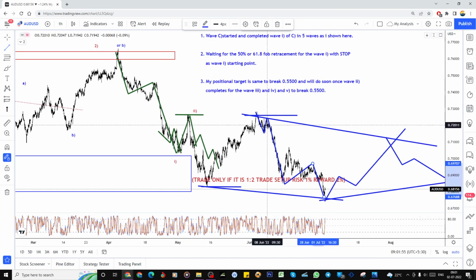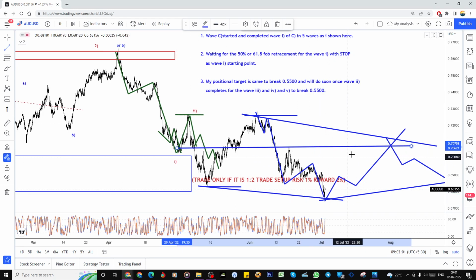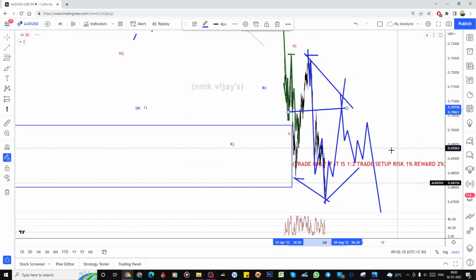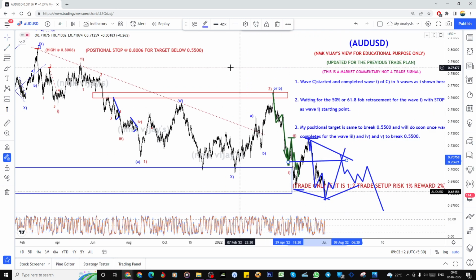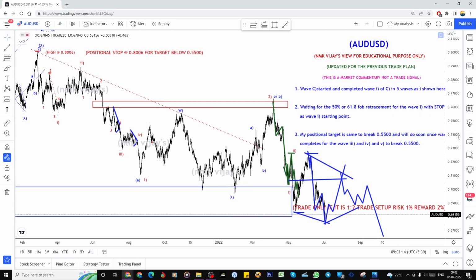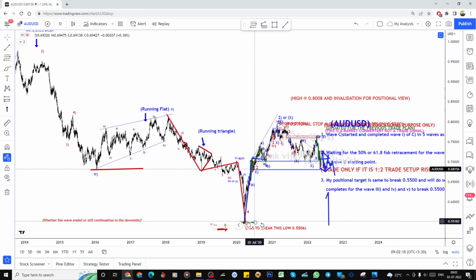So if it's a 5-wave structure, or it could be a 3-wave structure, whatever it is, I'm expecting it to again reach this and retest at this zone. So 7050 or 7075 is a beautiful place for short, for looking for the target below 55. That is my positional target, what I'm looking for here to break this COVID low.